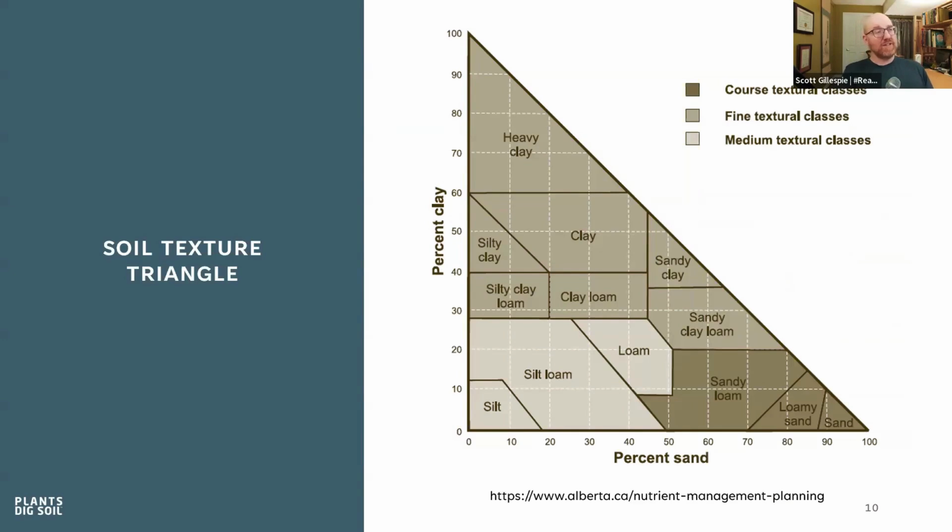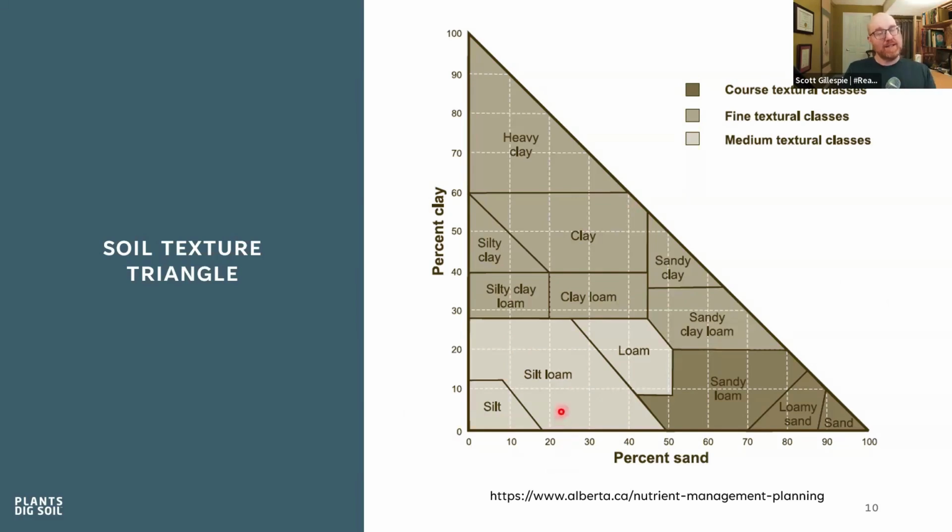So this is the soil texture triangle. There are many different versions of them, and some of them will be more like an equilateral triangle with the silt listed on one side. But this one is from that nutrient management guide, and I think it makes a little more sense to follow.